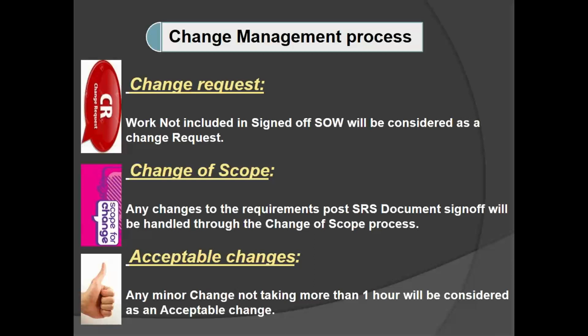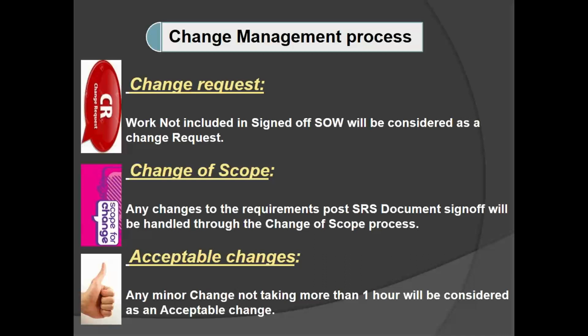Okay. Then next one is change of scope. Change of scope means if we are making any changes related to design and development post SRS sign off, that we are going to treat as change of scope. That means once SOW is done, then the BA is going to prepare SRS, that is system requirement specification document, and it will be reviewed by the consent team, and after that the BA will present this SRS to the client.